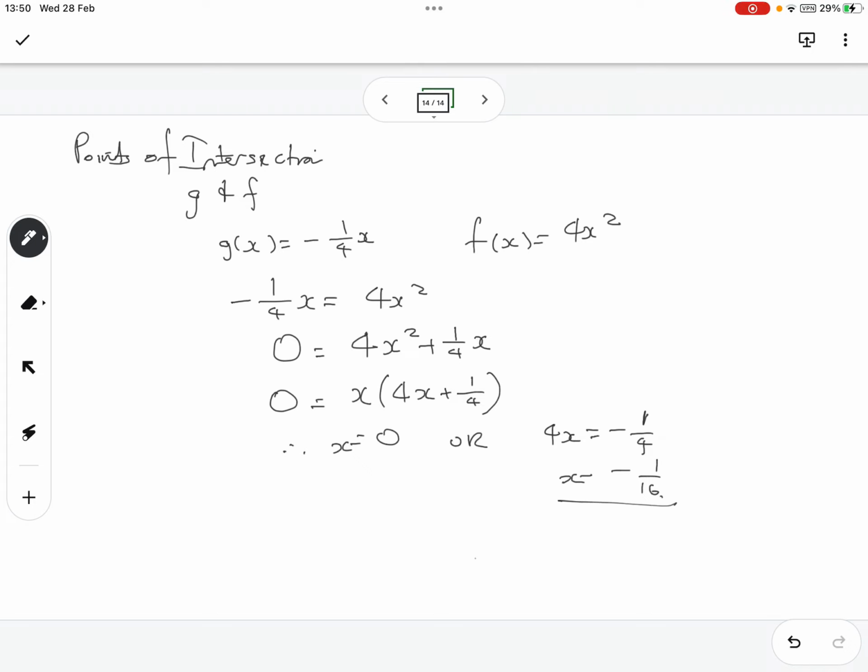Then the second coordinate, we would substitute this into either that or that. And substituting into g of x, g of negative 1/16 is negative 1/4 times negative 1/16, and that gives us positive 1/64.